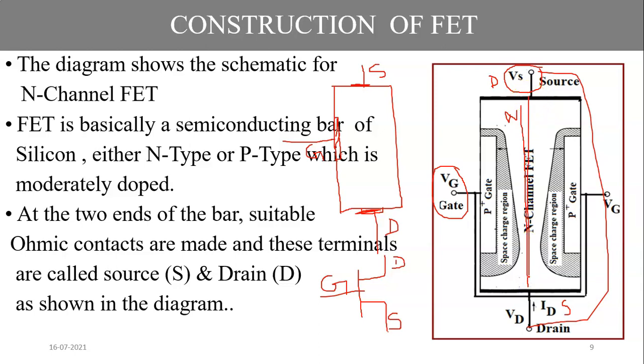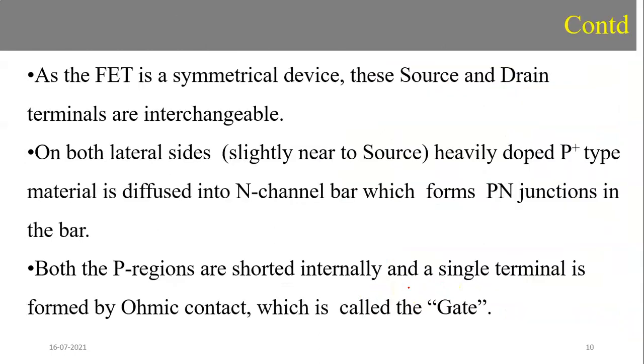That's why by diffusing a P-type material into an N-type semiconducting bar, we get an N-channel FET, or by diffusing an N-type material into a P-type semiconducting bar, I get a P-channel FET. This is the fundamental construction of your field effect transistor.